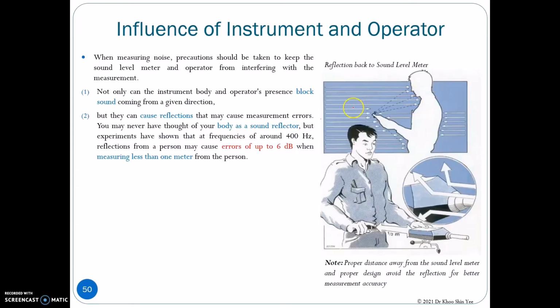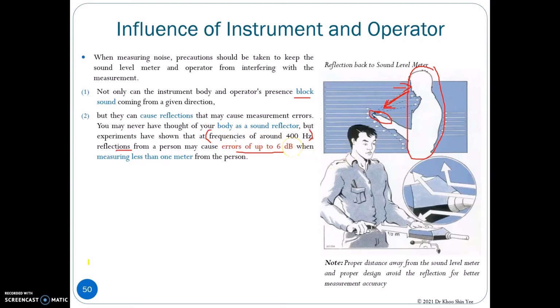When we are taking the sound measurement, both the operator and the instrument will interfere with the measurement. Both the instrument and the operator's body will block the sound and refract the sound towards the microphone. Experiment shows that the refraction from a person may cause an error of up to 6 dB when you are measuring sound at a frequency around 400 Hz.